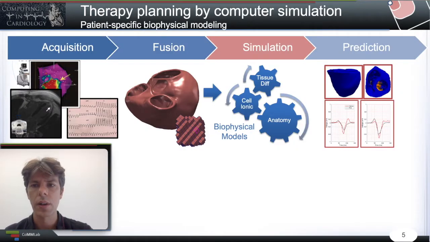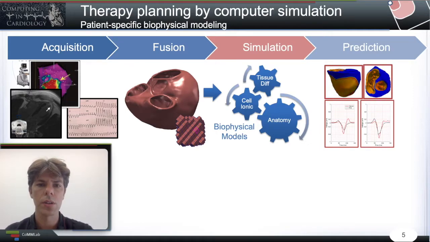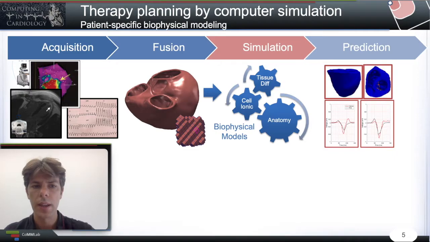So in order to help doctors, there is also the option to develop computational models of the heart that can predict the outcome of a radiofrequency ablation, optimize radiofrequency ablation, or even decide if a patient that has suffered a myocardial infarction is going to develop a ventricular tachycardia in the future.